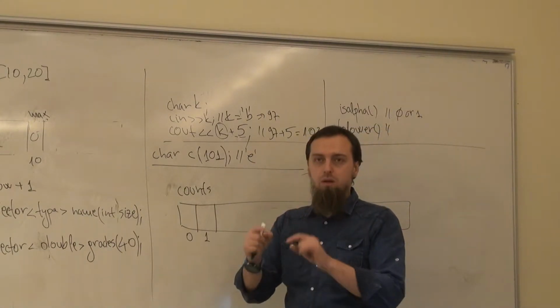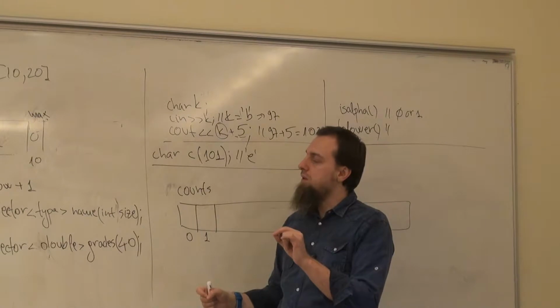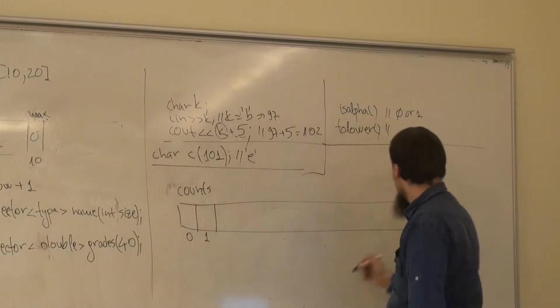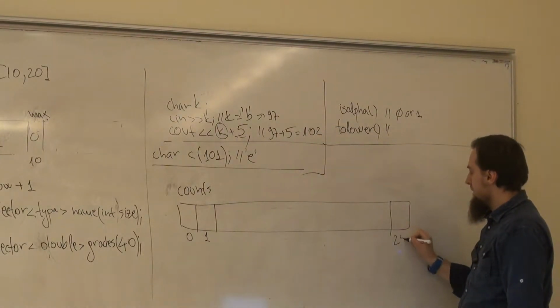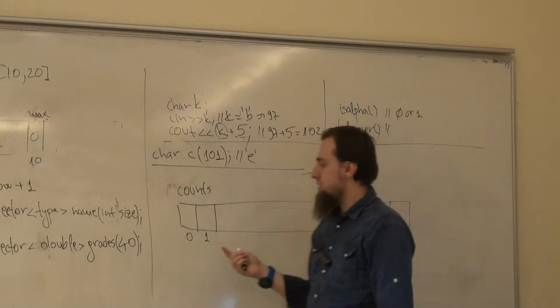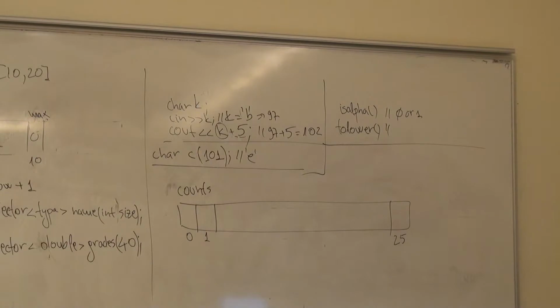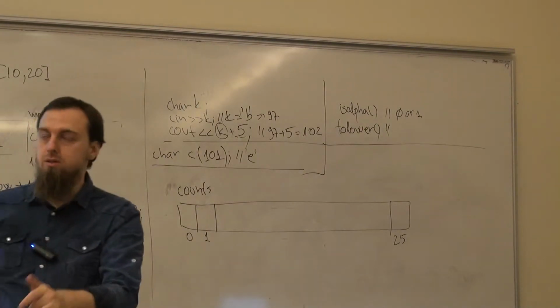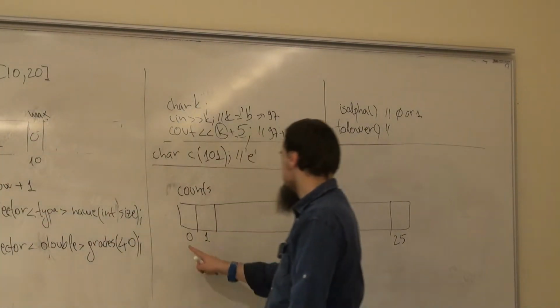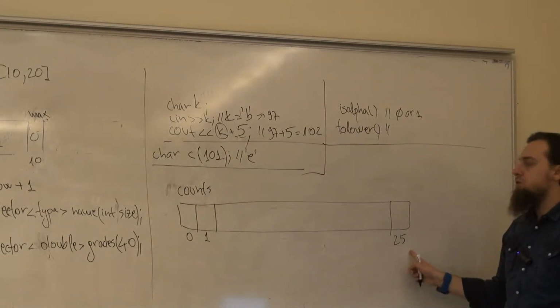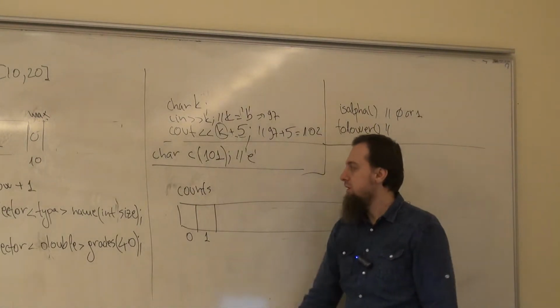I read characters one by one from an input file, and I increment the corresponding counter of the corresponding letter by 1 if that particular letter occurs. So I start from 0 and I go up to 25 because we have 26 letters in the English language.